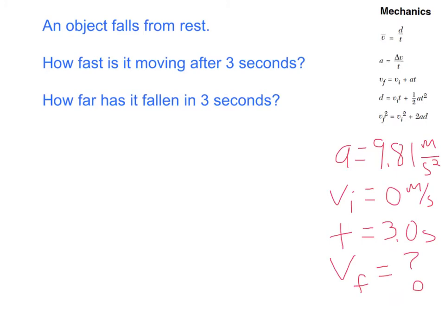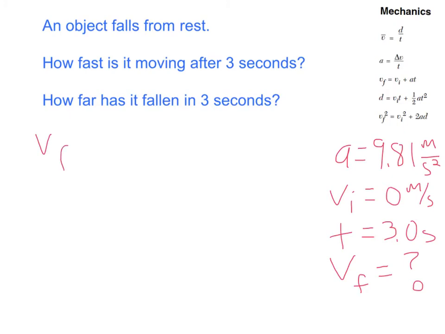So I need a formula that has acceleration, velocity, and time. This one has a distance in it, so there's nothing about it here. This one has acceleration, velocity, and time, and so does this. So this has final velocity, initial velocity, acceleration, and time. So I'm going to use this formula.